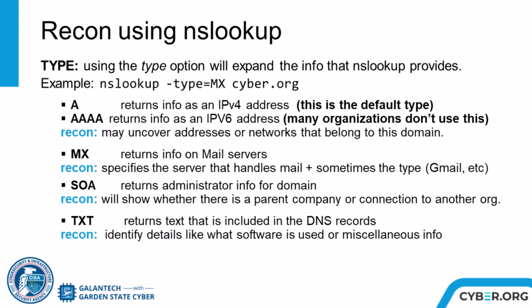SOA returns the administrator information for the domain and whether there is a parent company or connection to another organization. TXT returns the text that is included in the DNS records and identifies details about software used or malicious information.